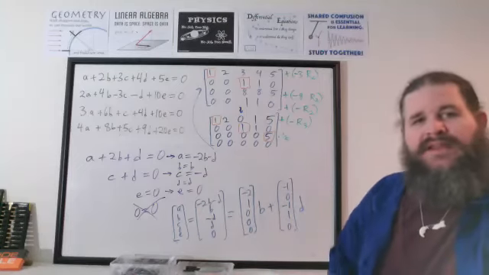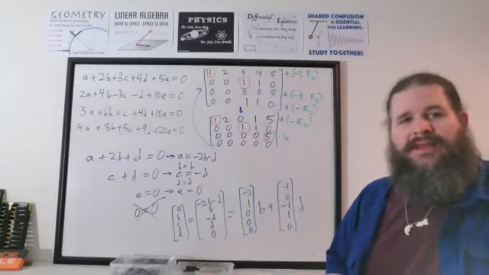In fact, what would be the easiest numbers to use for B and D? If you could fill in any value you want for B and any value you want for D, what would be the easiest numbers to use?